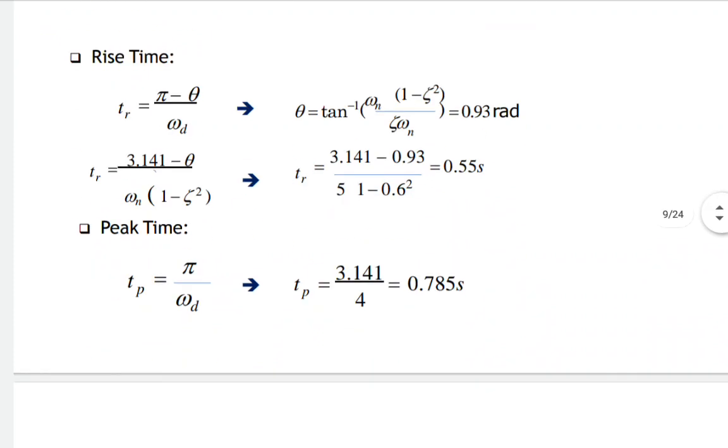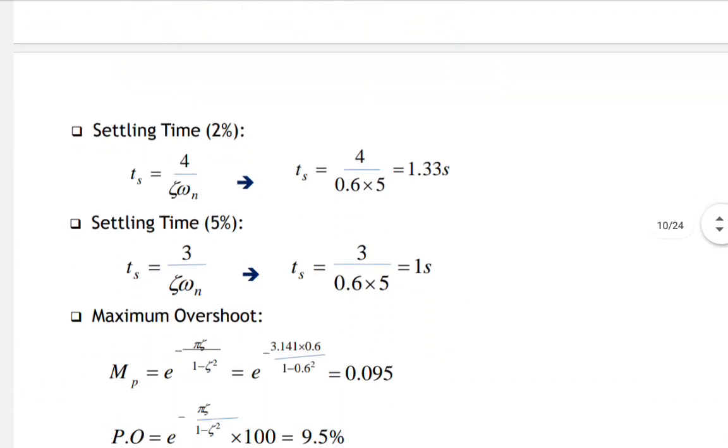Peak time formula Tp is equal to pi by omega d, and pi value is 3.141 and omega d is 4, that generates 0.785 second. Okay. Now settling time for 2%, the formula is Ts is equal to 4 by xi omega n, that's why Ts is equal to 4 by 0.6 into 5, that is 1.33 second, and when it is 5%, then Ts is equal to 3 by xi omega n, that is 3 by 0.6 into 5, that generates 1 second.